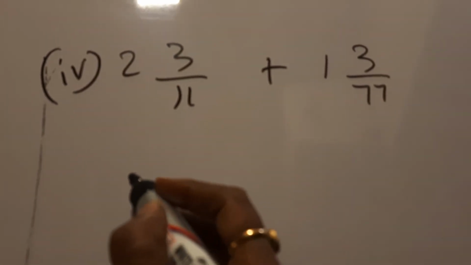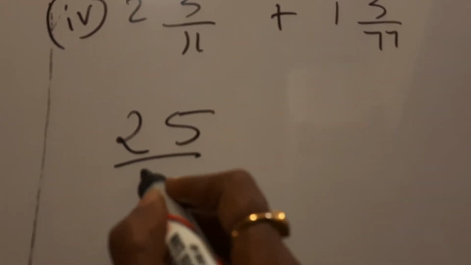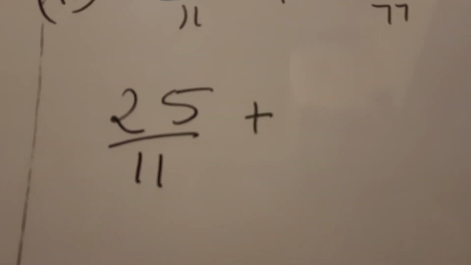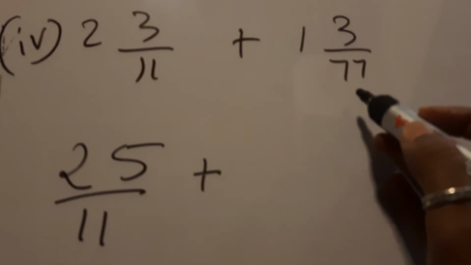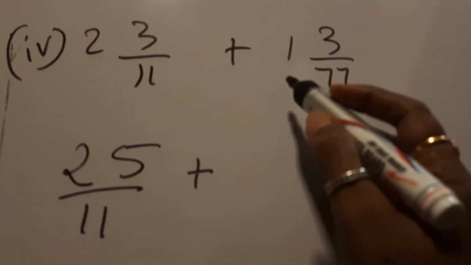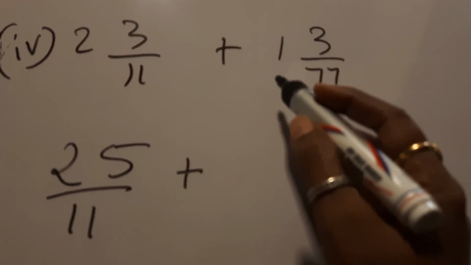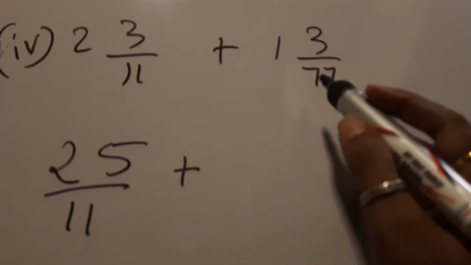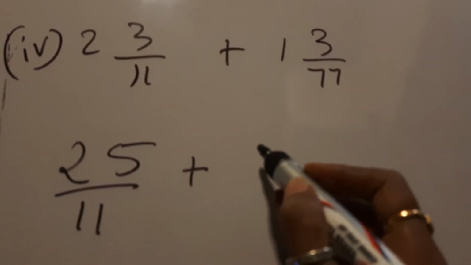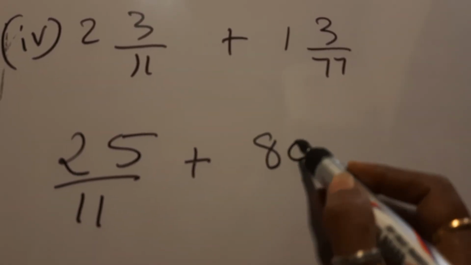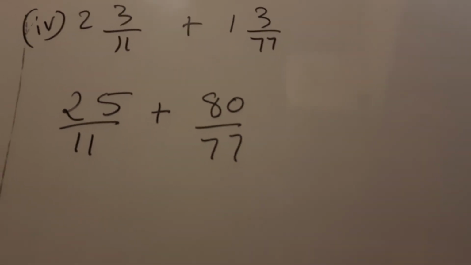That's right, 25. So 25 upon 11 plus 77 into 1. Okay, 77 into 1. That is 77 plus 3. How much, children? 77 plus 3? 80. 80 upon 77. So you understood now how to convert.